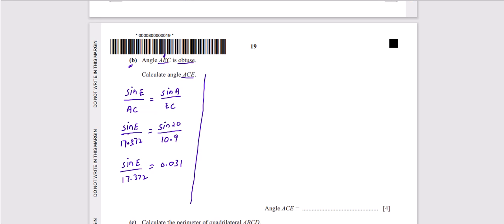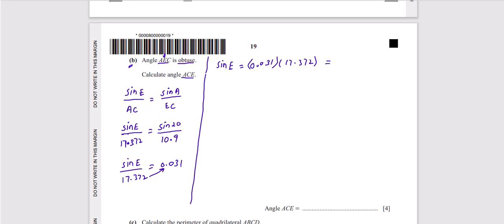And now sine E is equal to this value multiplied with this value, 0.031 multiply 17.372.